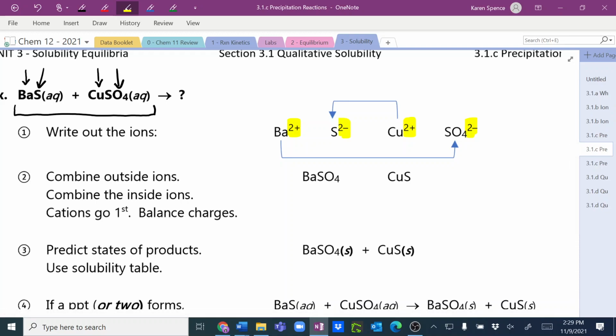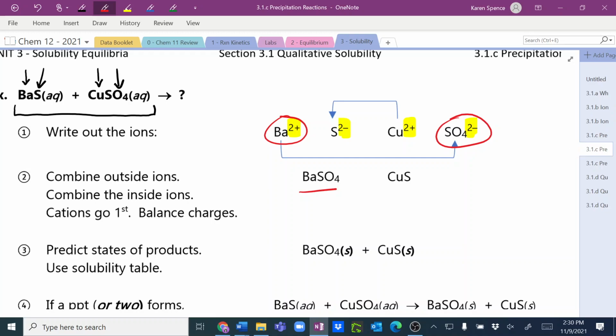And if your formula isn't correct, then you can't balance the equation properly. Okay? So, once we have the ions written out, we're going to combine the outside ions. So we're going to take the barium and put it with the sulfate. And because it's a 2 plus and a 2 minus, the formula is just BaSO4. Yeah?